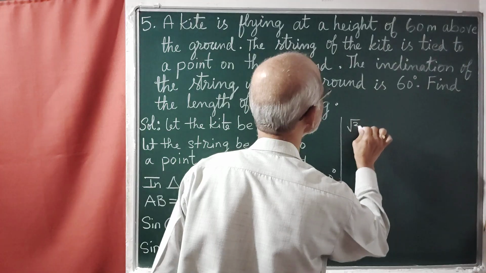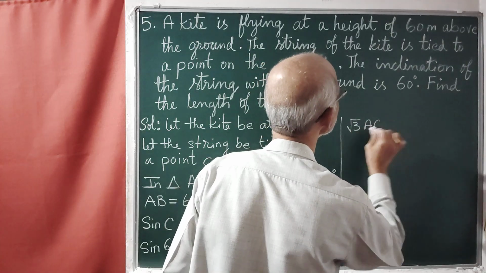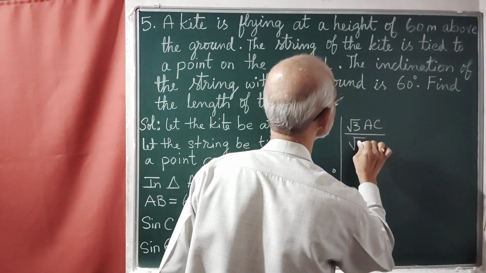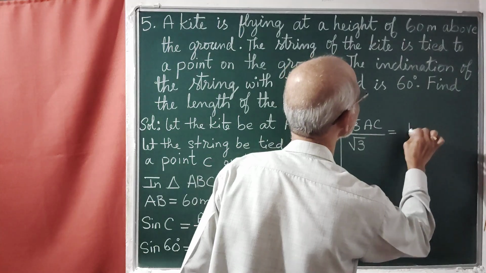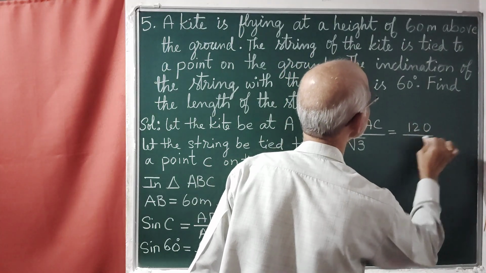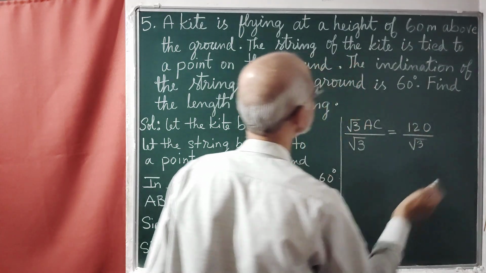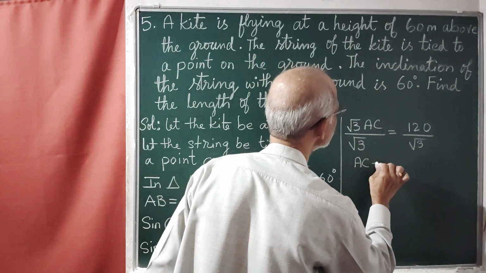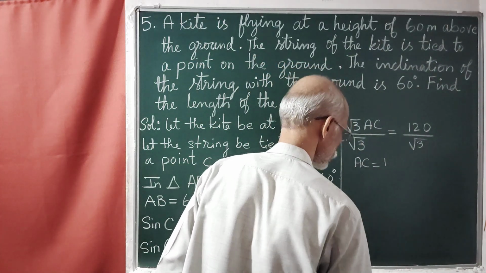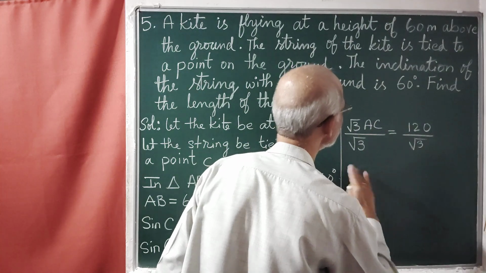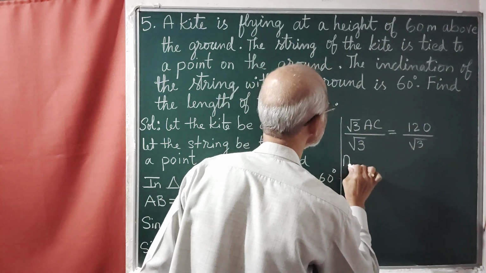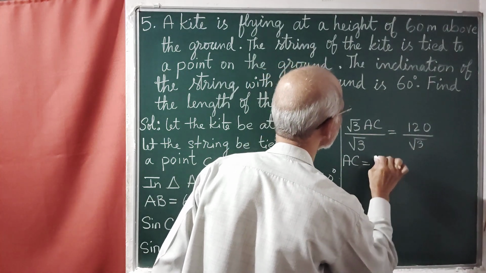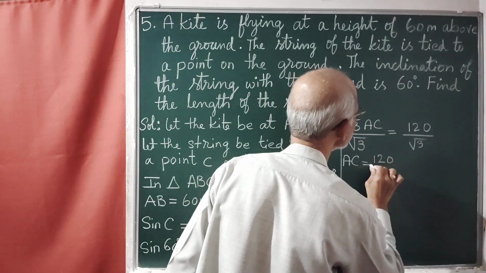So root 3 AC, I am dividing both sides by root 3. That's equal to 120 by root 3. So AC will be equal to 120 by root 3.